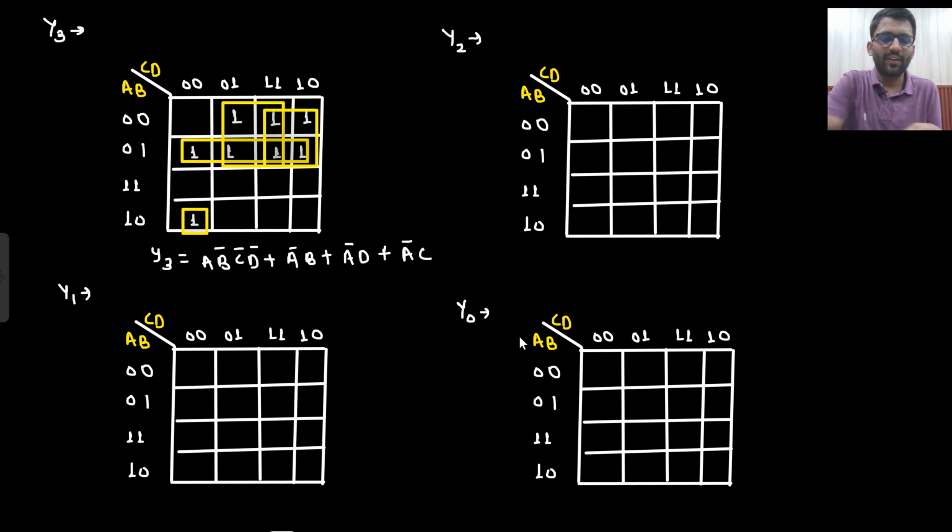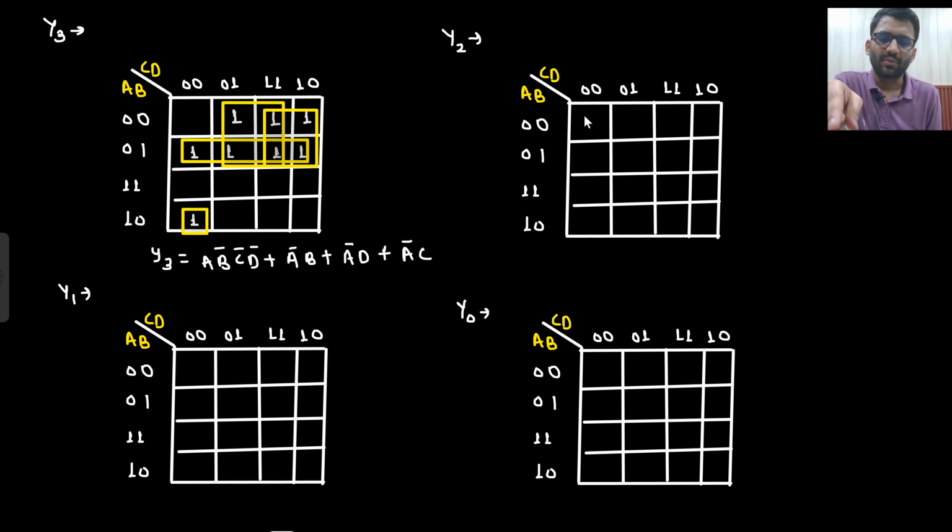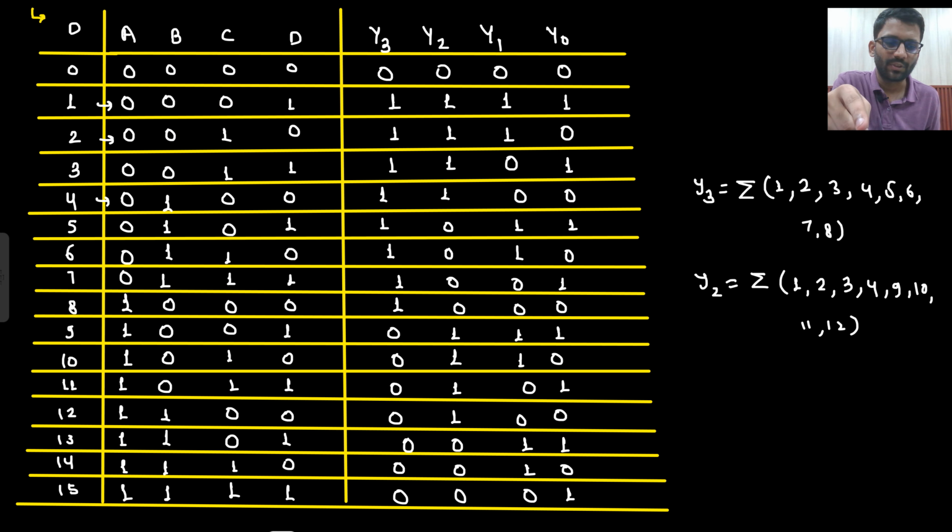Now what about Y2? So 1, 2, 3, 4. Then 9, 10, 11, 12. Starting from 1, 2, 3, 4, not from 0.